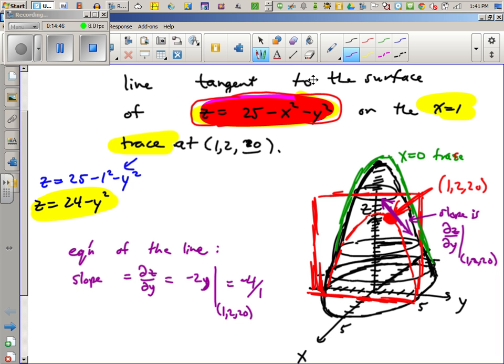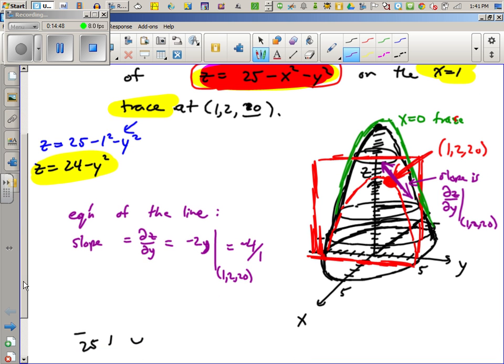Remember, when you're trying to find the equation of a line in 3 space, you're supposed to use this rule. Do you guys remember it? r of t equals, what's the equation of a line? It's been a couple days. x naught, y naught, z naught, I heard someone say, plus t times a, b, c.